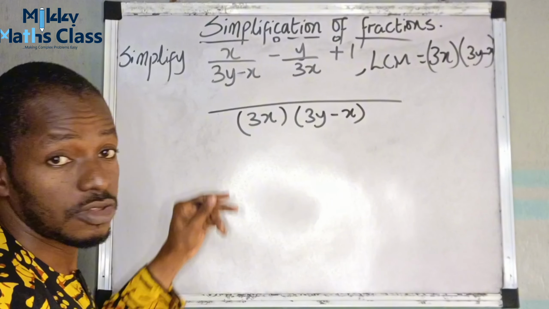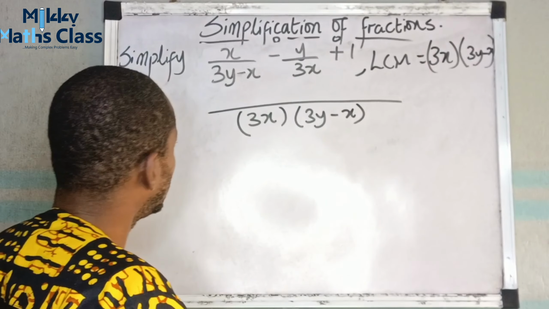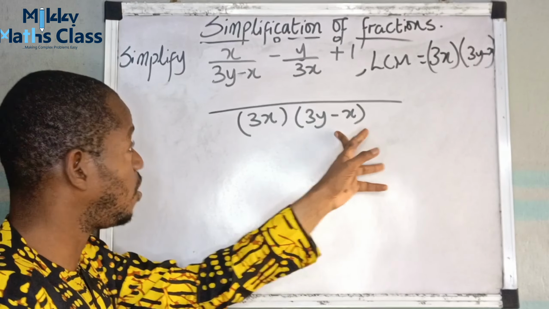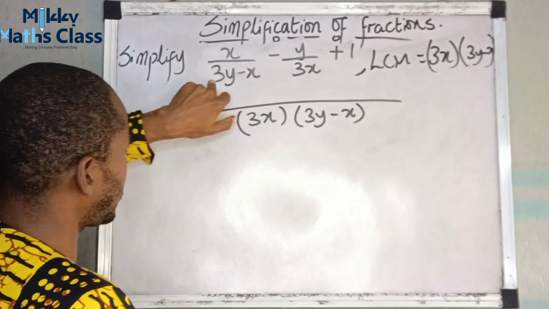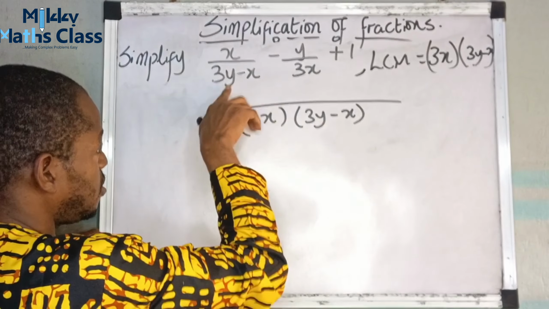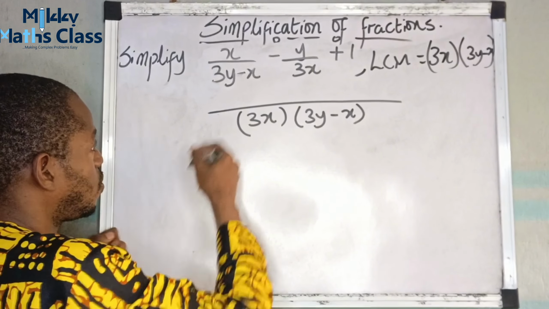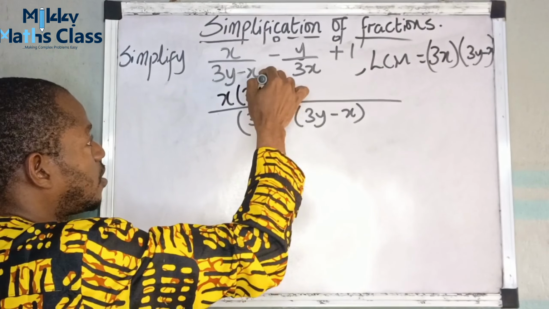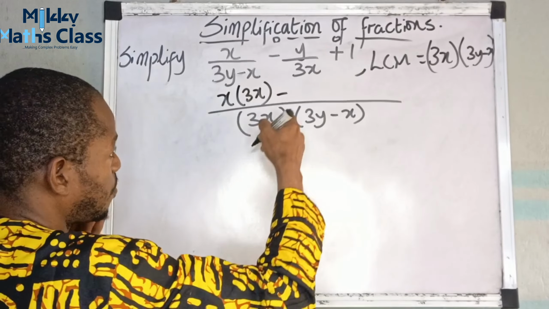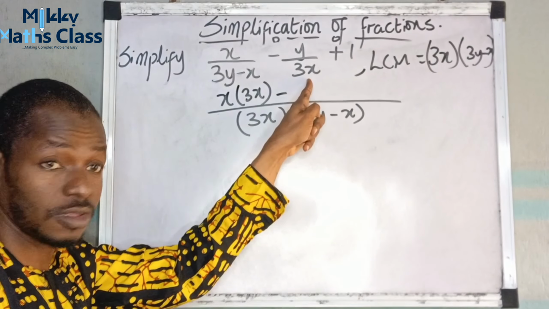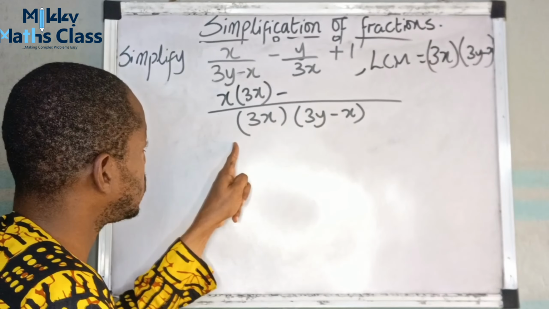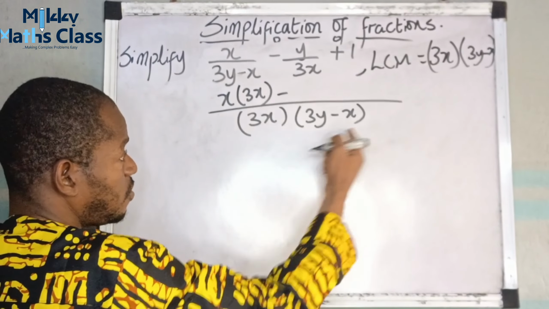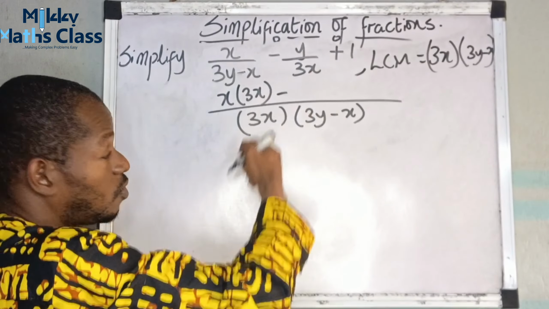So we use each of the fractions, we multiply the fraction by this LCM. So when we do that, 3y in this and this we cancel out, we are left with 3x. So 3x times x, that's x into bracket 3x minus, we do the same thing for the second fraction, y over 3x times this 3x and this 3x goes off.